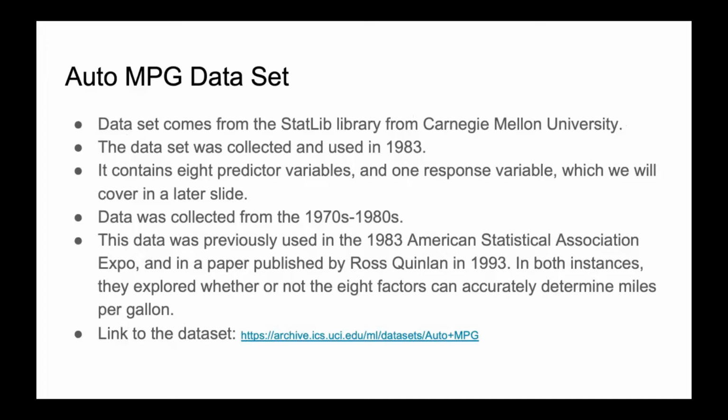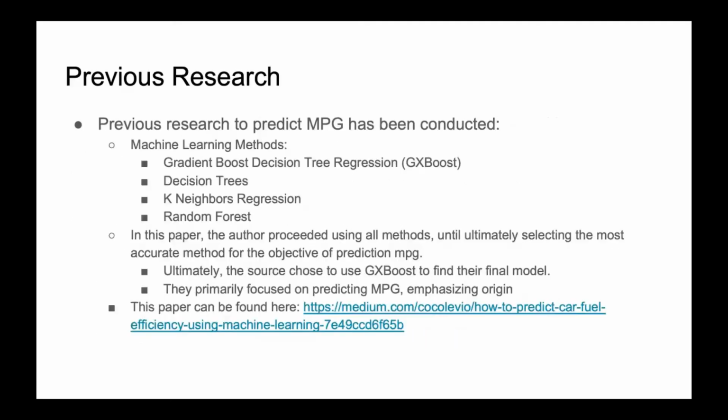The data was collected from the 1970s to the 1980s, and it was previously used in a 1983 Statistical Association Expo, as well as published in a paper by Ross Quinlan in 1993. So some previous research that has been done was by Ross Quinlan, and then a more accurate one that matched up with our data set was published on medium.com, and it was used to study if they could predict miles per gallon from the variables.